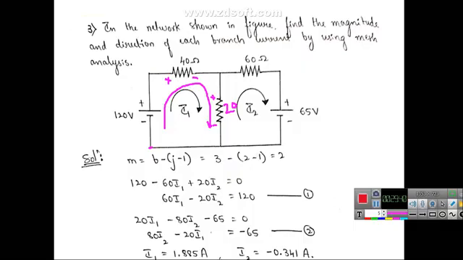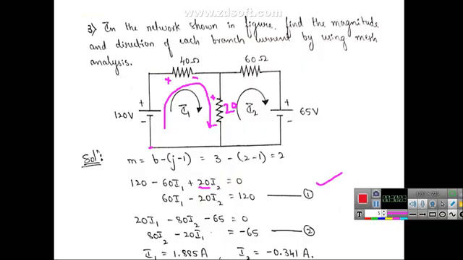So the current is flowing from negative to positive, therefore a rise in potential. That's why I can write plus 20 I2, and that is equal to 0. If you rearrange, 60 I1 minus 20 I2 is equal to 120. This you can call equation number 1.